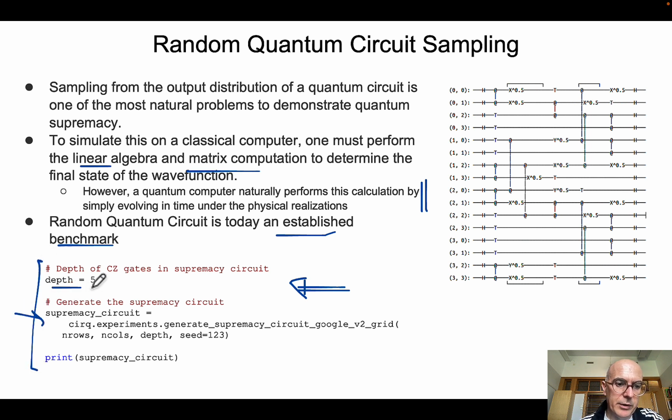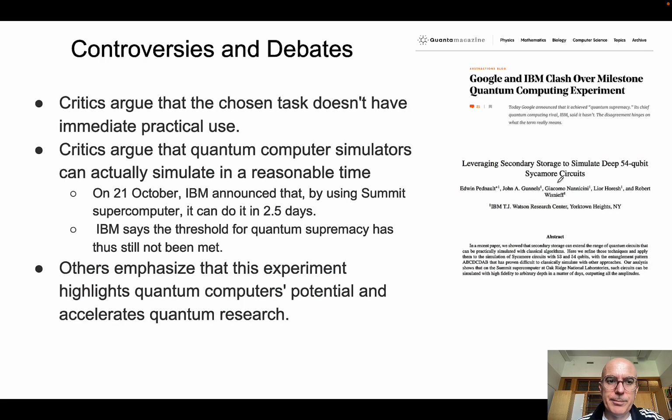You decide the depth of the circuit, and then you use a function to generate the quantum circuit associated with the supremacy experiments at Google. On the right side of the slides, you can find a simple diagram of this quantum circuit sampling. I will spend a little more time on this particular benchmark, hopefully by the end of the course.